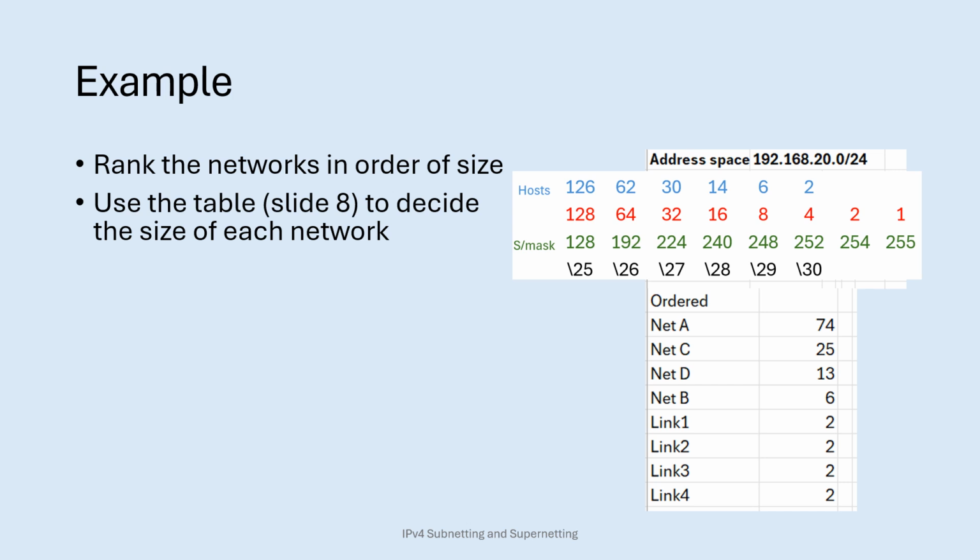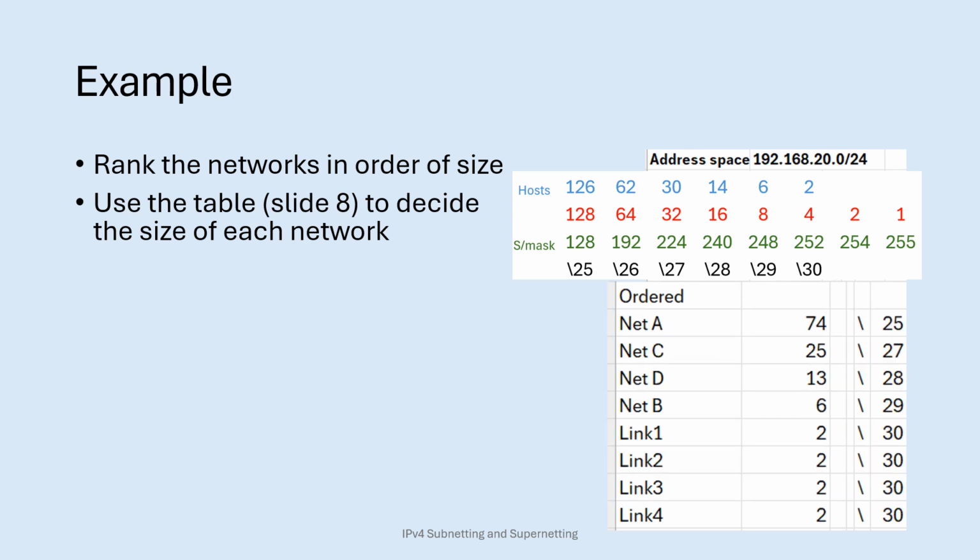So I can work down through each network and find the smallest slash network. Once I've done that, I can allocate a subnet ID and a broadcast address to each network.